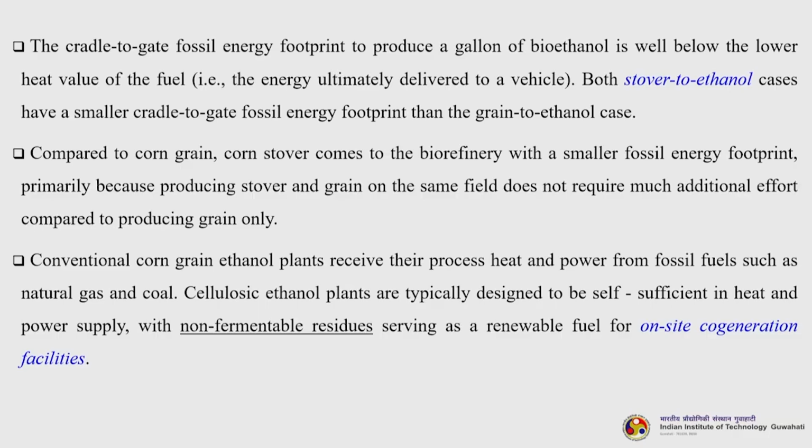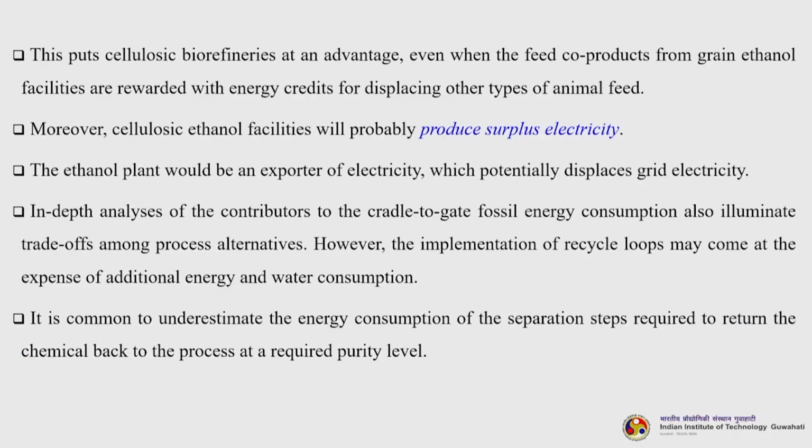We have already discussed that, and this puts cellulosic biorefineries at an advantage even when the feed co-products from grain ethanol facilities are rewarded with energy credits for displacing other types of animal feed. Moreover, cellulosic ethanol facilities will probably produce surplus electricity.